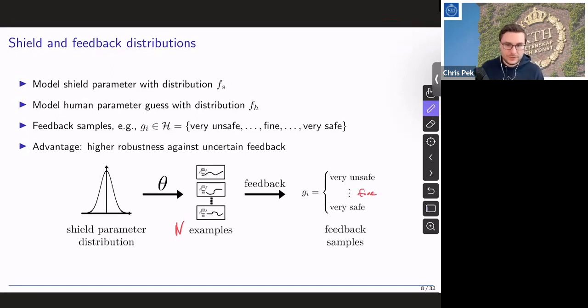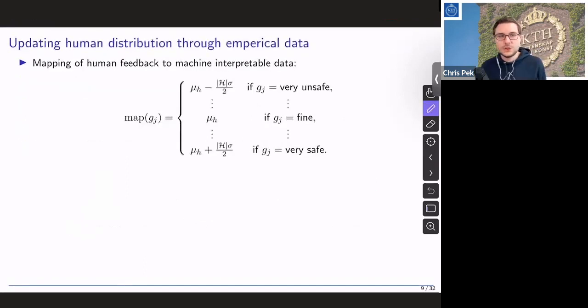With these feedback samples, we first update the human distribution. If it's textual data, because it needs to be interpreted by the humans, we can simply map the data into a machine interpretable way. So we can use a mapping function that says, okay, given our very unsafe to fine to very safe labels, we model it as when it's fine, it's the center of our distribution, it's our mean, and everything else is in steps to the left and to the right of the mean.